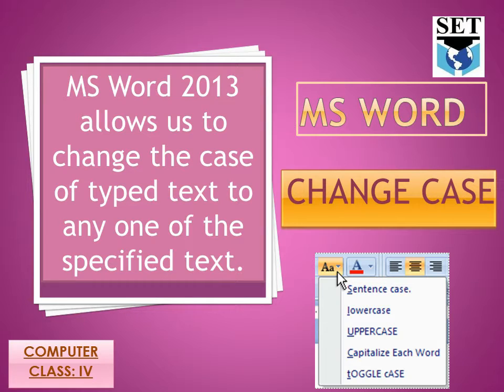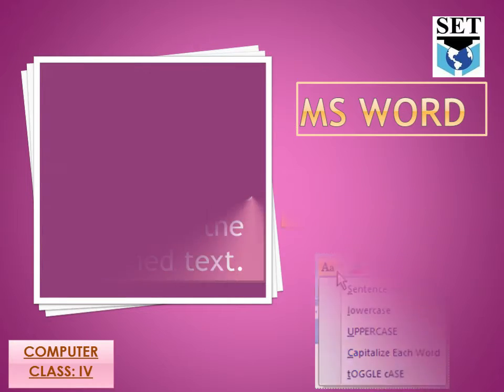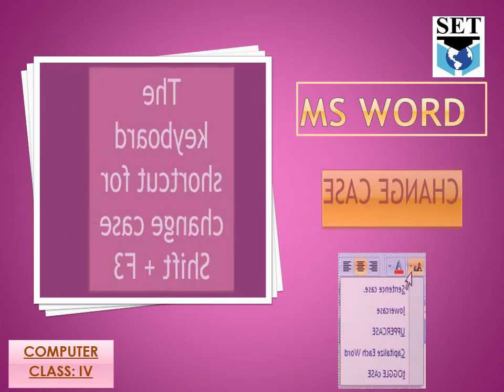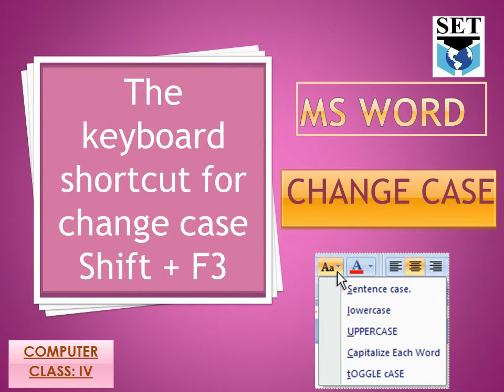How many cases are there? There are 5 cases. Name them: sentence case, lowercase, uppercase, capitalize each word, and toggle case. The keyboard shortcut for changing case is Shift plus F3.